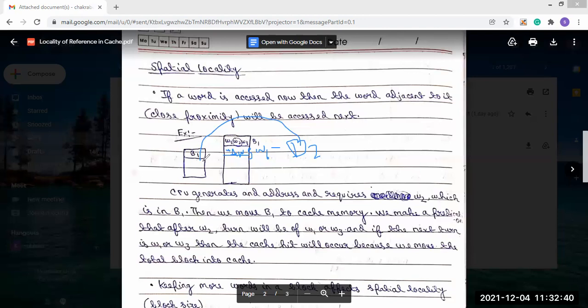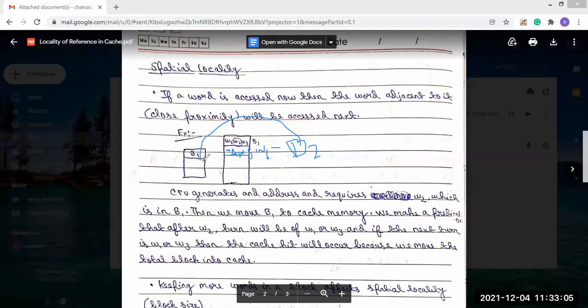So if we keep more words in the block, it will affect the spatial locality, meaning the accessing by the CPU will increase. So keeping more words in the block will affect the spatial locality or the block size.